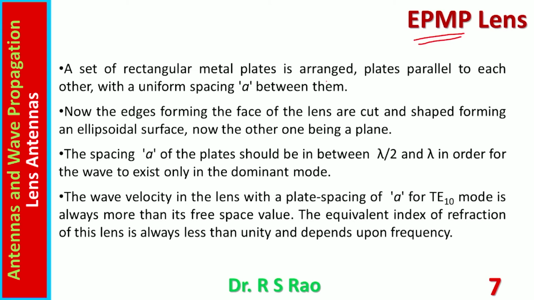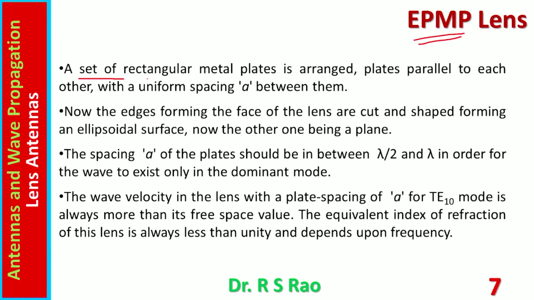Before going further, one point requires to be mentioned here. The basic difference between EPMP and dielectric lenses is that EPMP is a fast lens, whereas dielectric lenses, both natural and artificial dielectric lenses, are delay lenses.